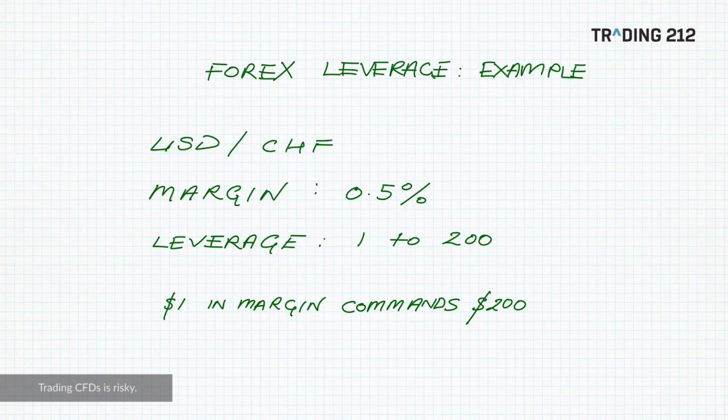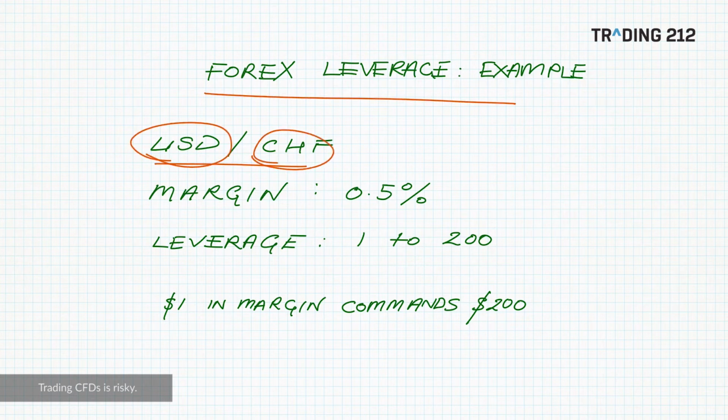So our Forex leverage example is going to be for dollar Swiss, the US dollar against the Swiss franc. And as we just saw, the margin rate with Trading 212 is just 0.5% for that currency pair for a professional client. So that means you need to have deposited for a position just 0.5% of the currency value of the underlying position.